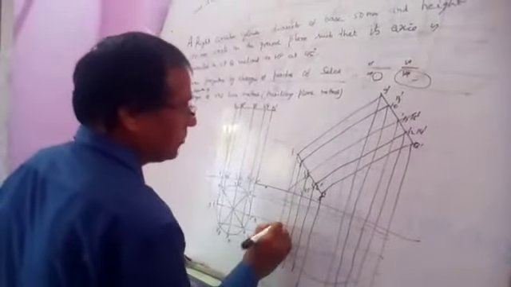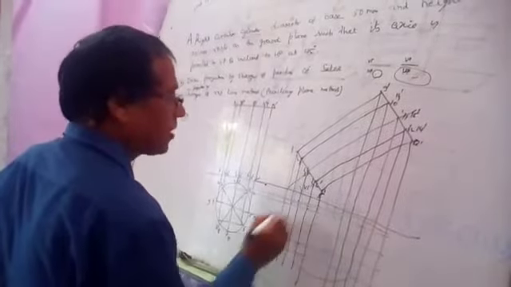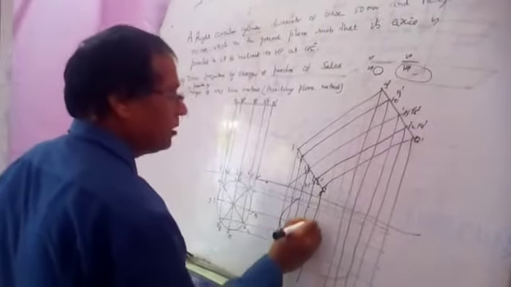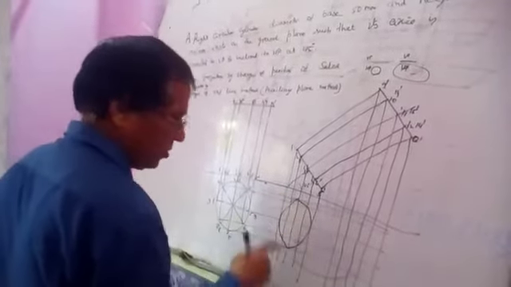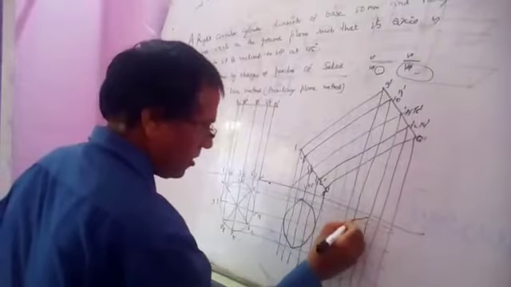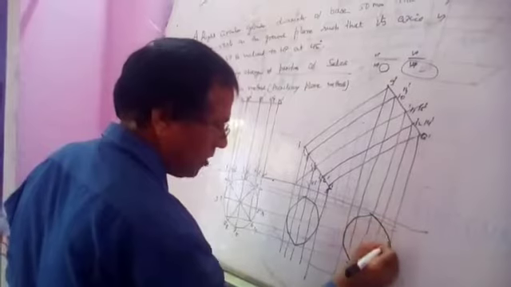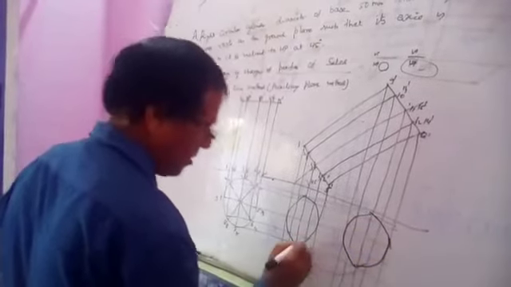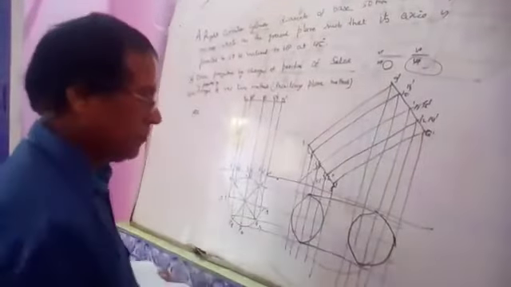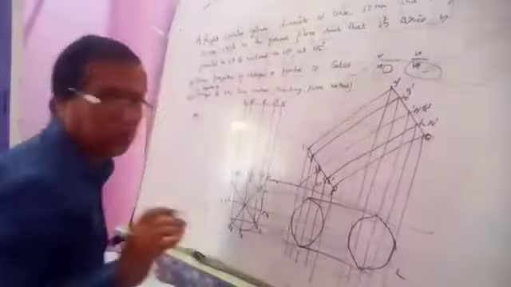So as you know, it will be elliptical one, and here you may do the naming. So this is the final figure by change of position of solid.